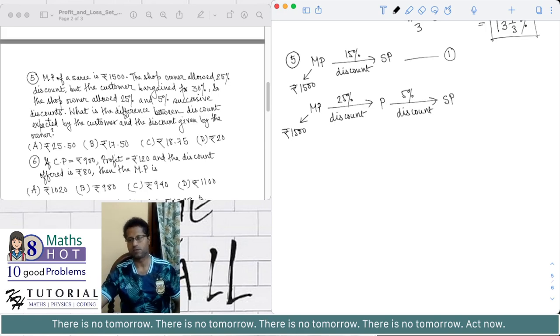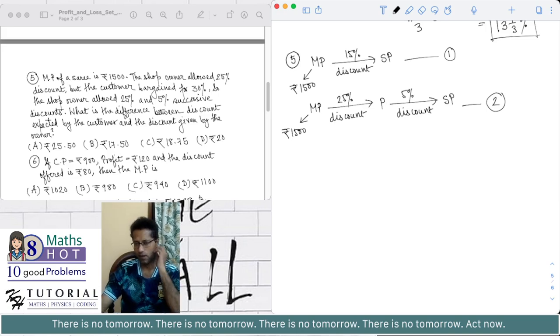And the problem is asking the total discount. This is scenario 2. What is the difference of the discount in scenario 1 and the discount of scenario 2? The difference of actual discount amount in rupees. Since the value of the mark price is given, and the percentage of discount is given, we can always compute the total amount of discount.